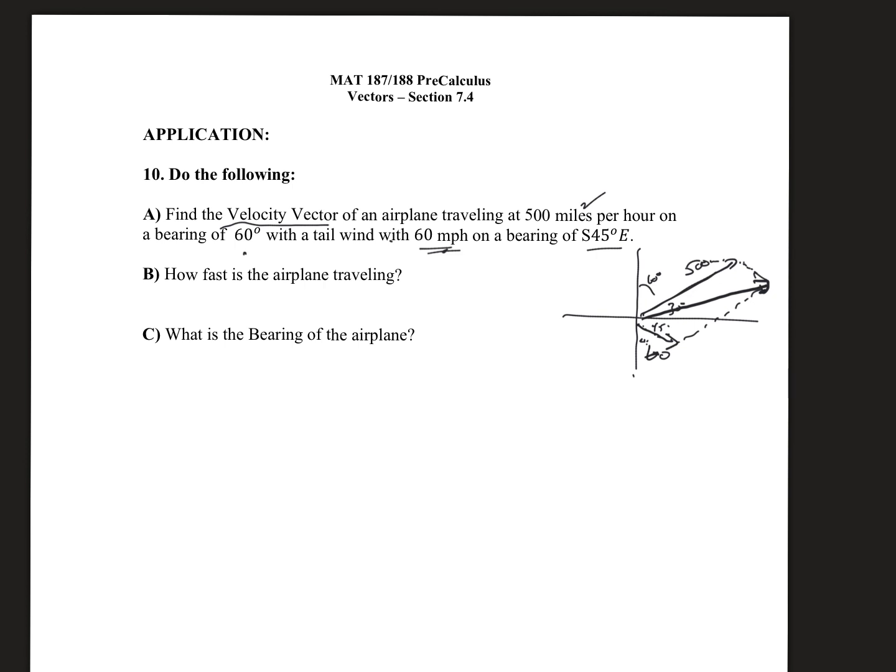All right, so the velocity vector is this vector right there. If I can find the velocity vector of the airplane and add that to the velocity vector of the wind, that's the total velocity vector we're looking for. So you can see an application of our addition information.